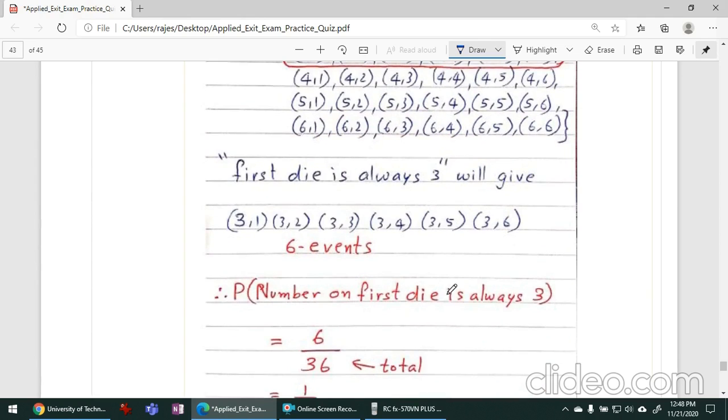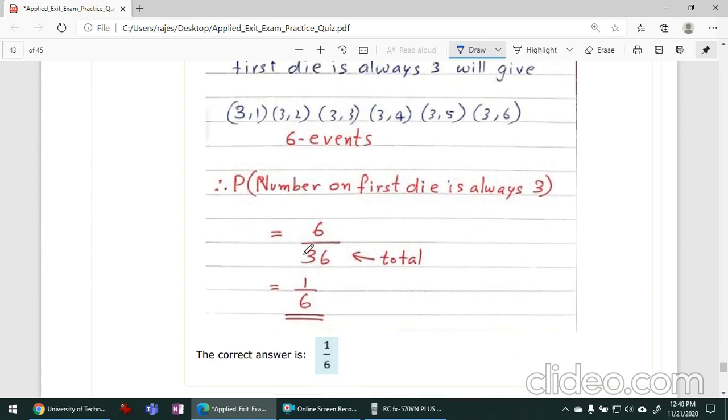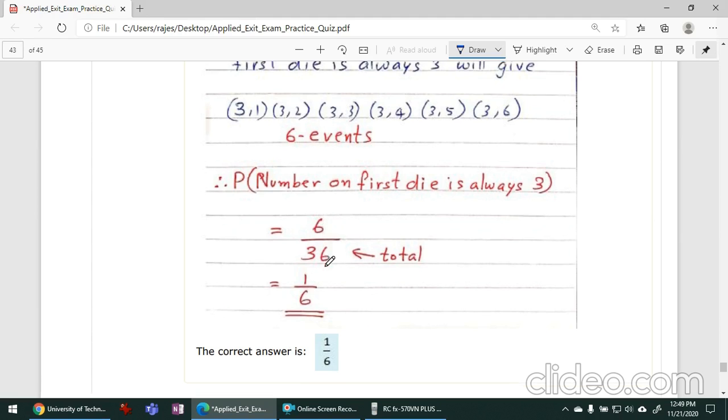What is the probability? Total is 36. Out of that, how many are favoring us? Only 6. So 6 by 36, that means 1 by 6 is the answer. Down it is always 36, and the number here is how many are favoring this condition. So 6 by 36, 1 by 6.